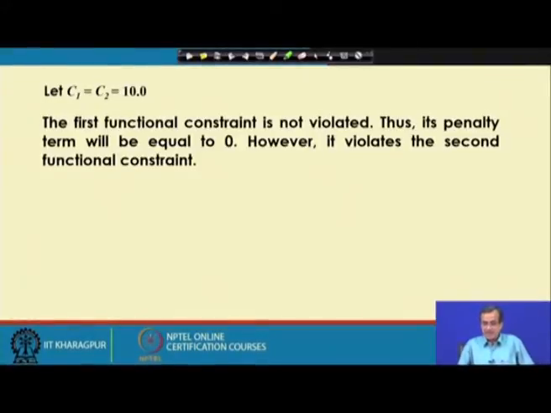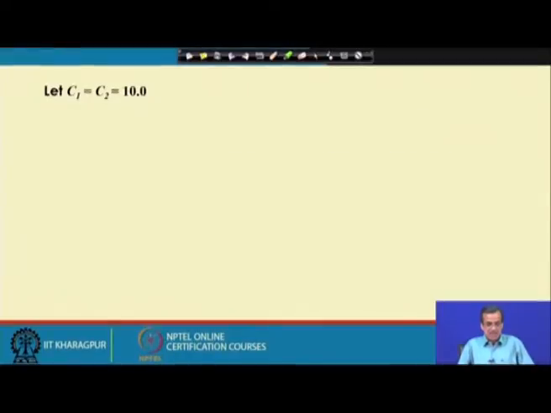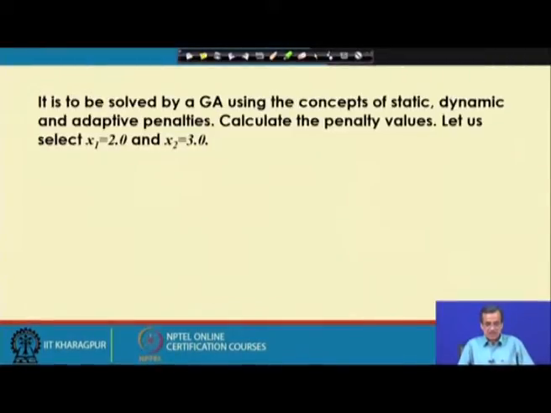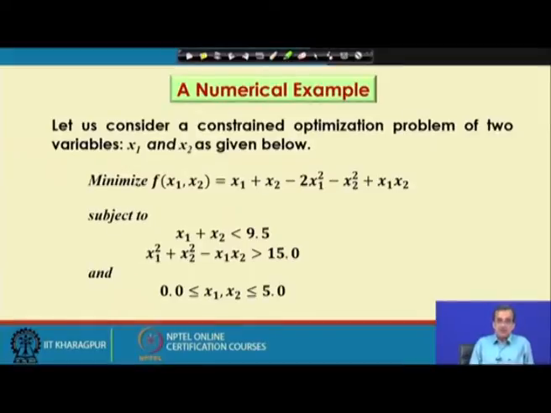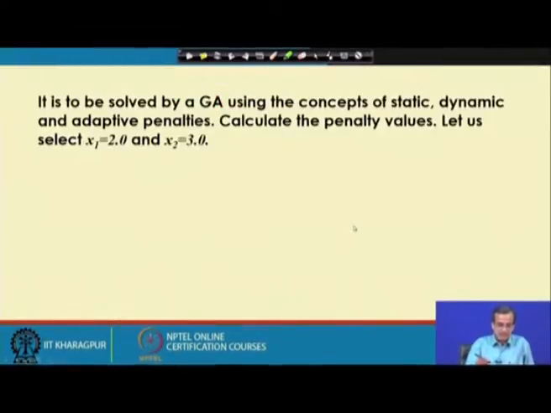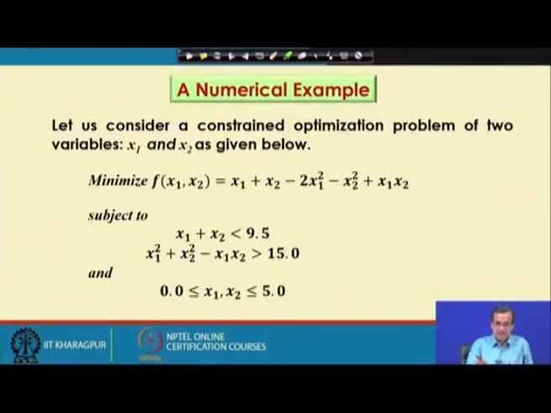But for the second functional constraint there is a violation. Just to check that, once again let me concentrate on the second functional constraint. The left hand side is x 1 square, that is 4, plus x 2 square, that is 9, minus 6.